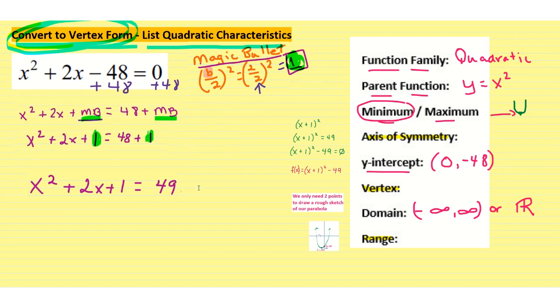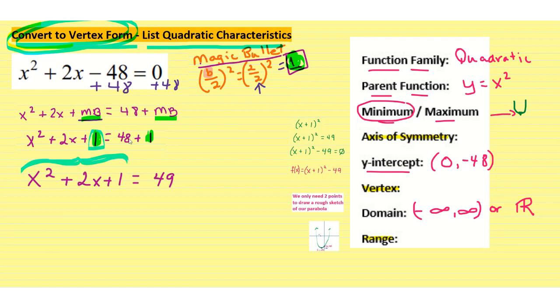Okay, so at this point, I need to recognize that this right here is a perfect square trinomial. So now that I've added the magic bullet, when I put that magic bullet in there, that now gives me a perfect square trinomial. And what is special about the fact that this is a perfect square trinomial is that it is very simple to factor this piece of it.